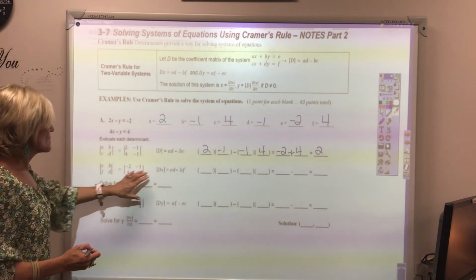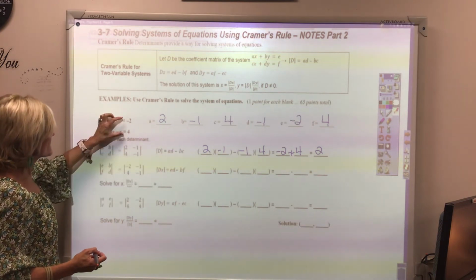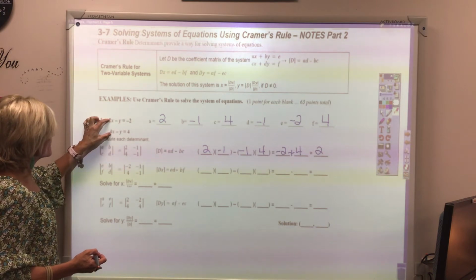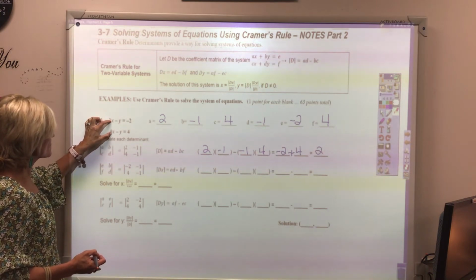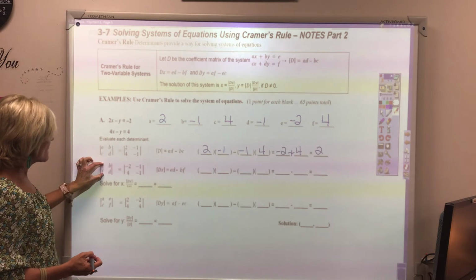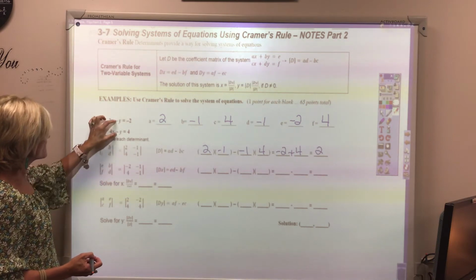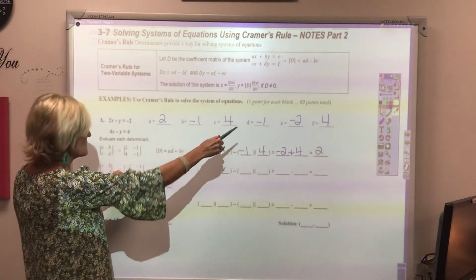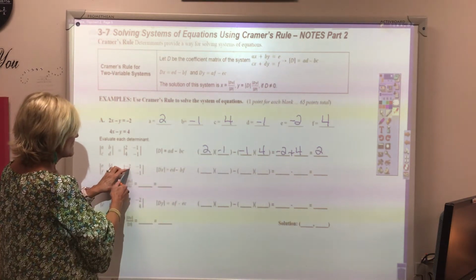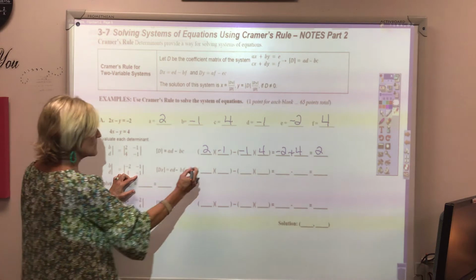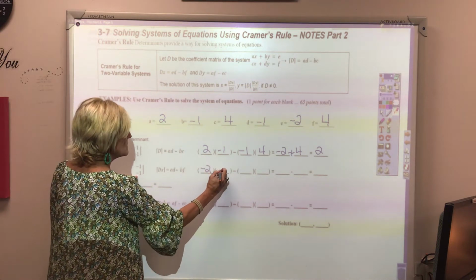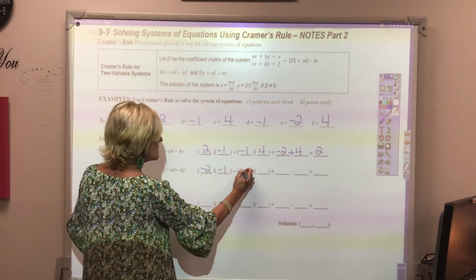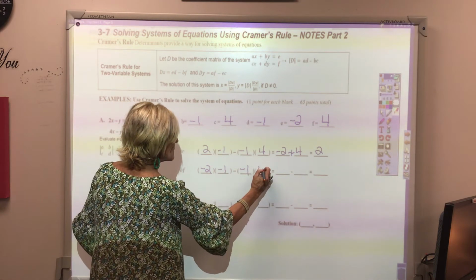Now, to find the determinant for X, we replace the negative 2 and the 4 where the X coefficients were. So we're taking the E and the F, but we're leaving the B and the D where they are. So you take negative 2 times negative 1 minus a negative 1 times 4.